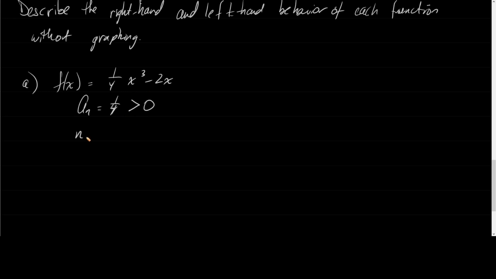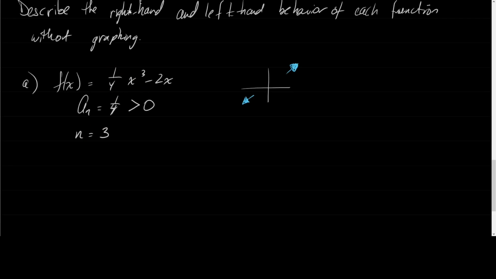Our degree here is degree 3, right? So here n equals 3. So what does that tell us? Well, we have a positive leading coefficient, odd degree. If you recall, that meant that we start at the bottom left and end at the top right.